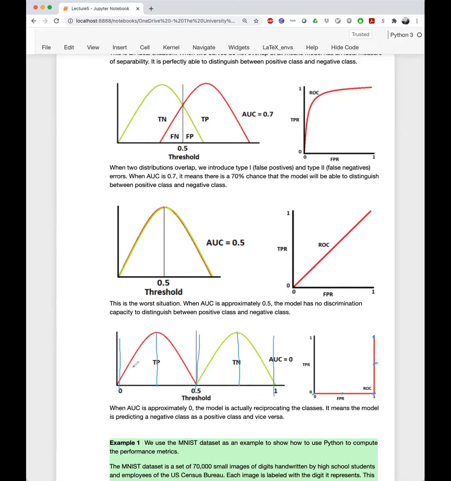So when we move the threshold from here to here, we get this curve. That's the worst case we can ever get. So you can see for the ROC curve, good models will move this way, get better, get better. A bad model will move this way, get worse, get worse. What's the worst case?